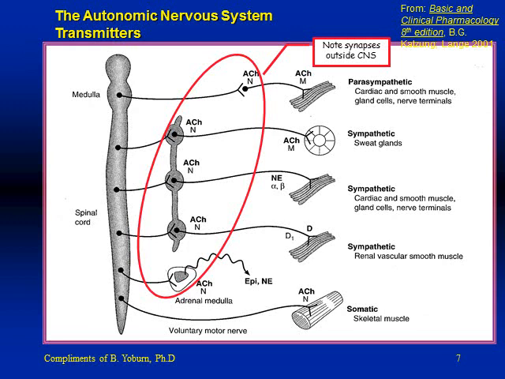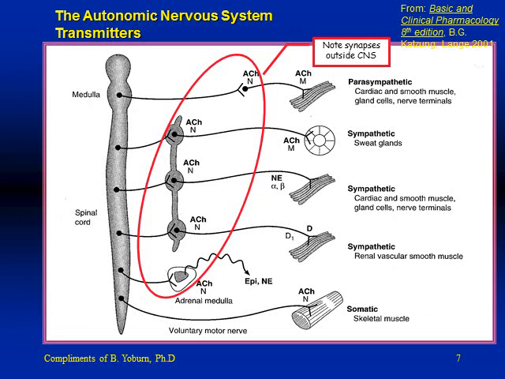On the left panel, we would depict in two dimensions the brain stem and the spinal cord, which make up the central nervous system. Coming out of the central nervous system is the first neuron. So you can see in all instances depicted for you here, the first neuron is leaving the central nervous system and it's going somewhere. Where is it going? It's going to something called a ganglion, a collection of connections, if you will.